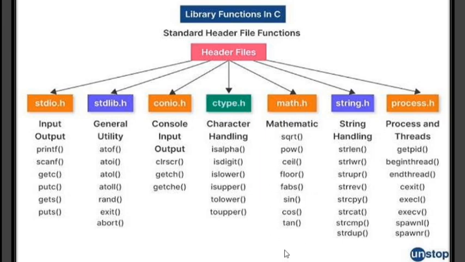Even if you write pow, it shows undefined, floor is undefined, sin, cos, tan undefined. So to use these in a complex mathematical program, you have to include math.h. Similarly, some string functions are predefined in string.h, and some process functions are predefined in process.h. We need not remember all these things. While you are understanding each and every topic, you will come to understand.